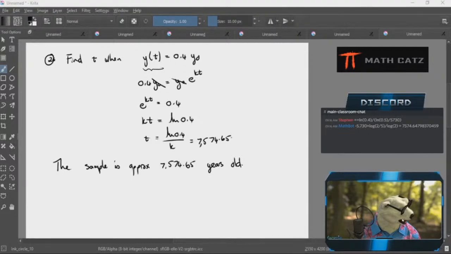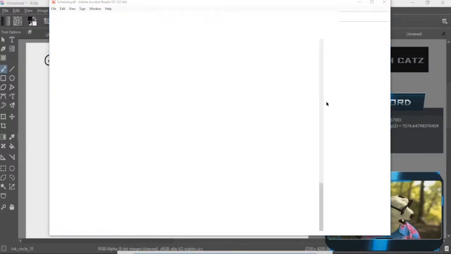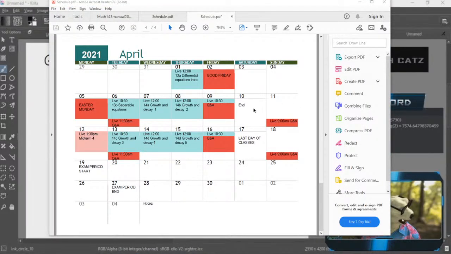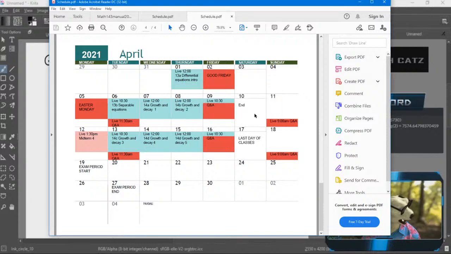Are there any questions at this time? Let me bring up the schedule while you see if you have a question and see where we're at here. So this is where we will end for midterm 4, radioactive decay questions.